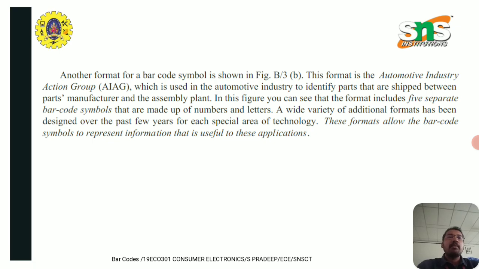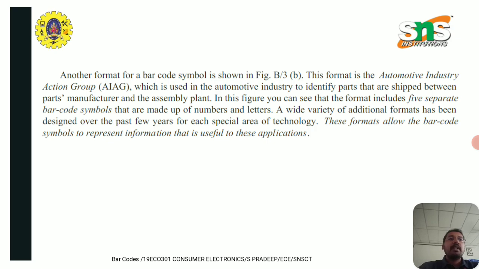Another format of barcode symbol is shown in the figure. This format is the Automotive Industry Action Group format, which is used in the automotive industry to identify parts that are shipped between the parts manufacturer and the assembly plant. In this figure, you can see that the format includes 5 separate barcode symbols that are made up of a number of letters.